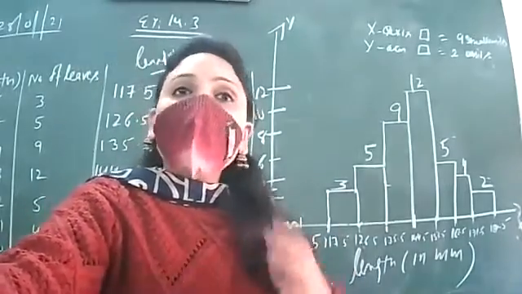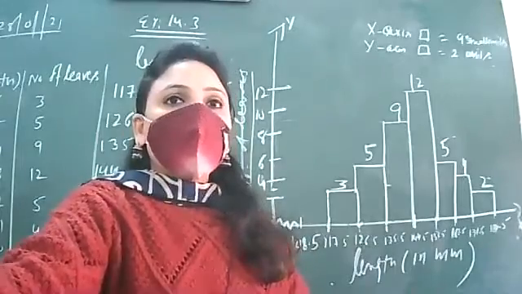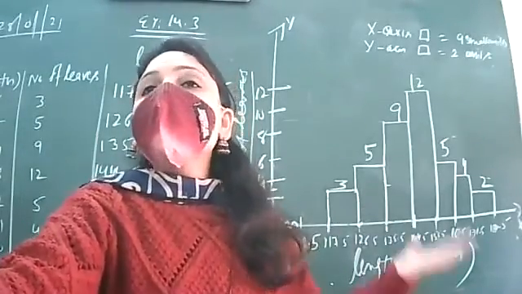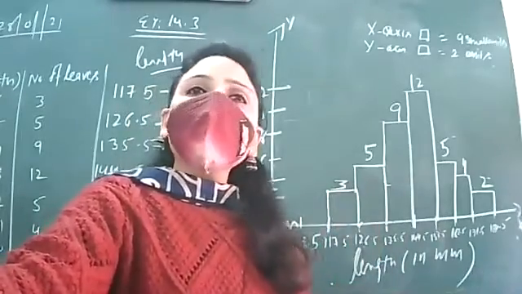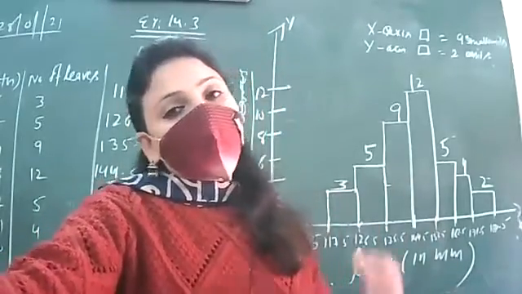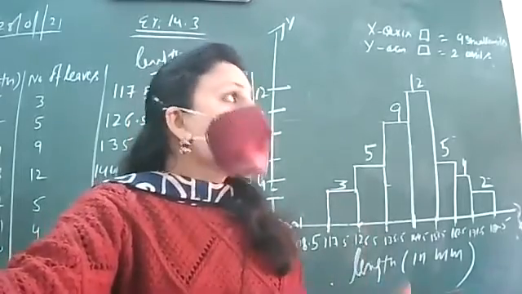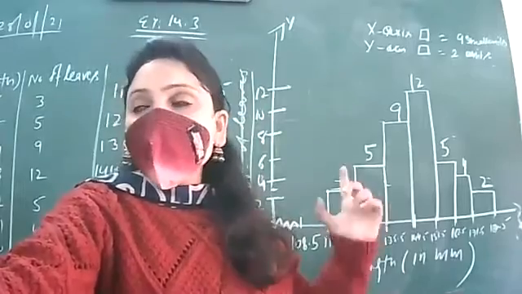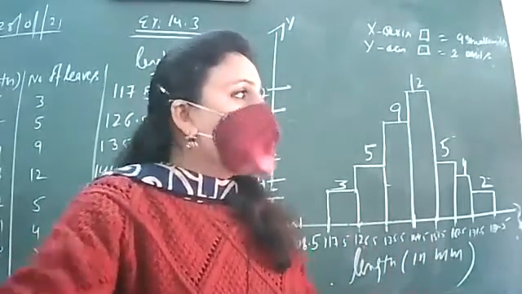And what is the method to shift to the exclusive form? क्या method है? 0.5 lower limit में से subtract and upper limit में add. That will give you the data in the exclusive form. And after changing into exclusive form, you will draw the histogram and you will definitely get the picture of the histogram as desired. Chalo.